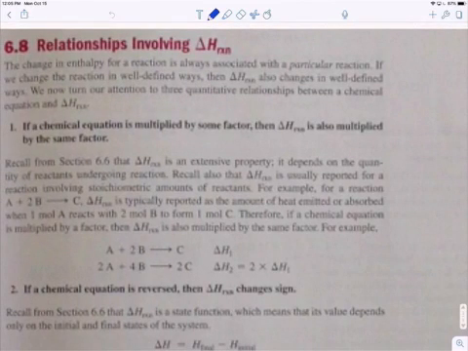If a chemical reaction is multiplied by some factor, then delta H reaction is also multiplied by the same factor. Not surprising. If I can go 30 miles on a gallon of gas, I can go 60 miles on 2 gallons of gas. And I can go 15 miles on half a gallon of gas, right? So whatever it is, you're doubling, tripling, the delta H goes the same way.